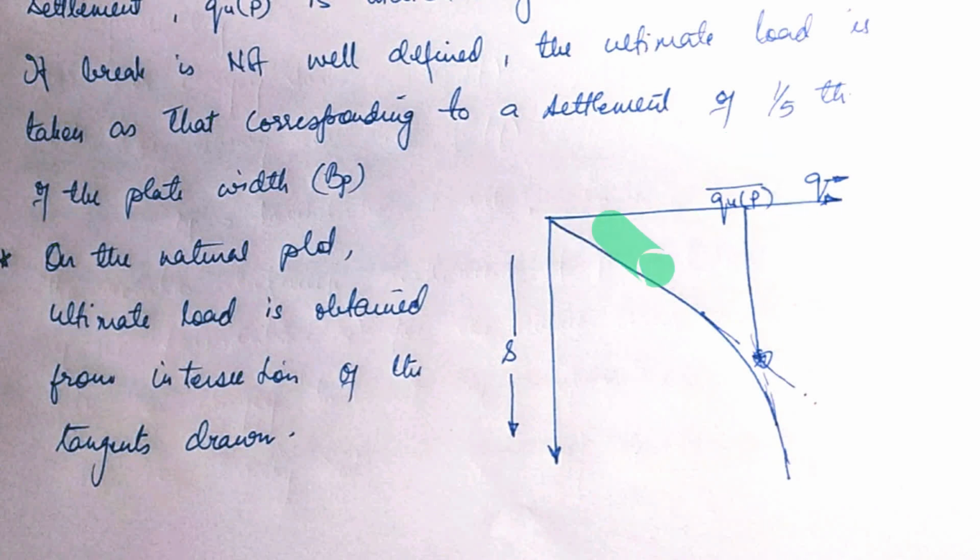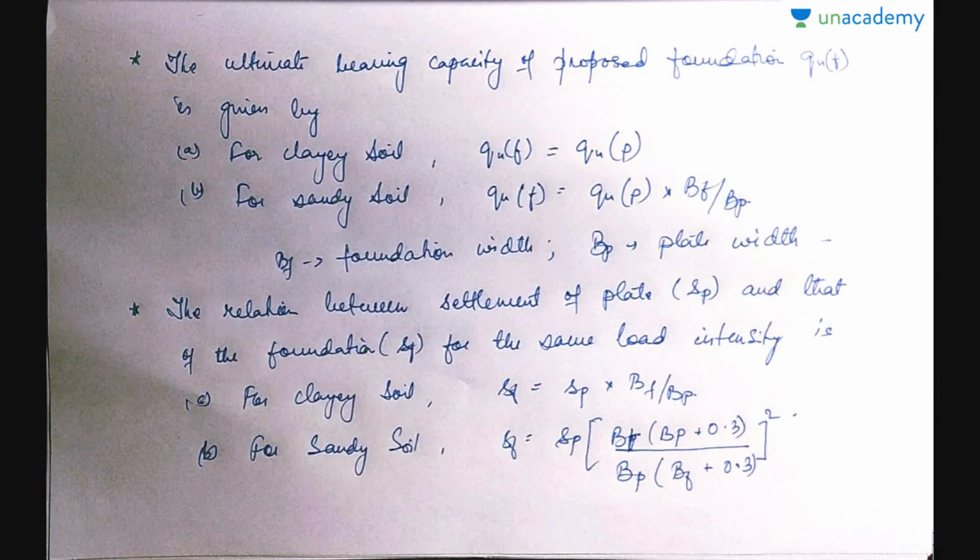At this point, draw a tangent to the curve, and a tangent here where you find the curve moving down. Just draw the tangents at these two points. The point at which the two tangents meet gives you the value of q_up, which is required. This is the point at which the ultimate load is found.